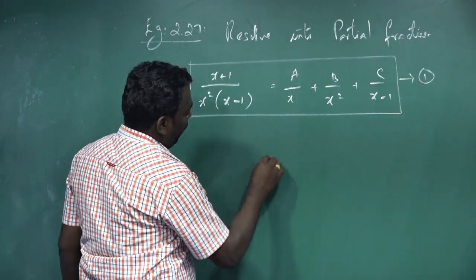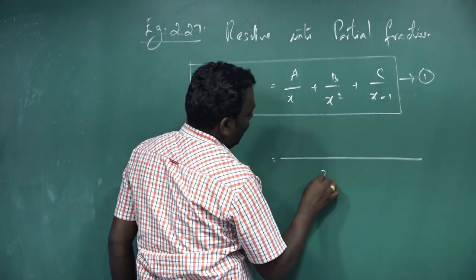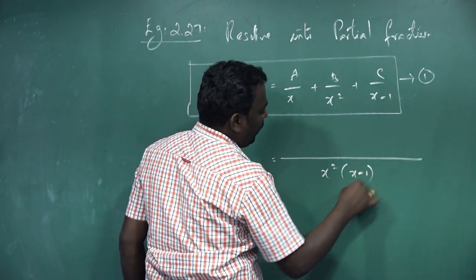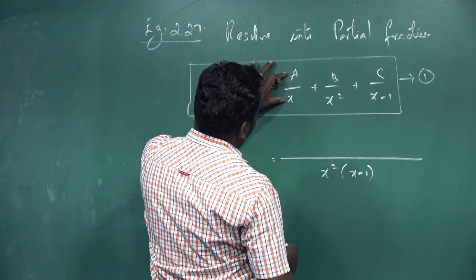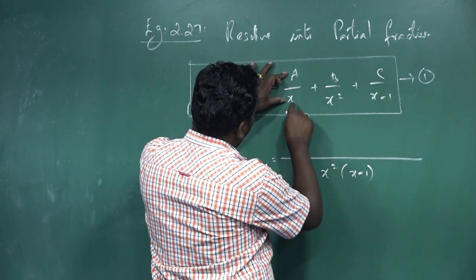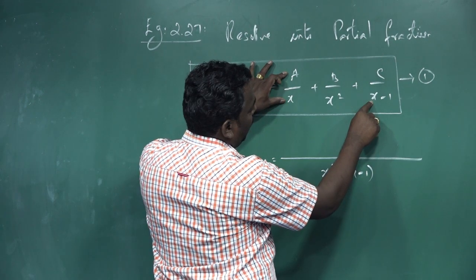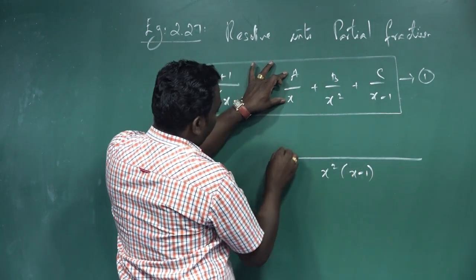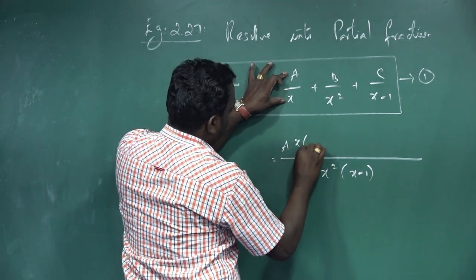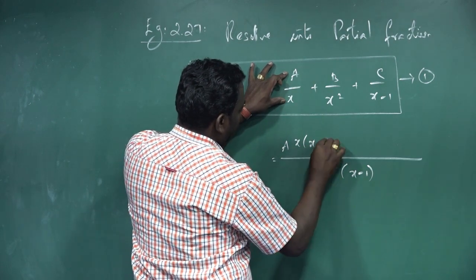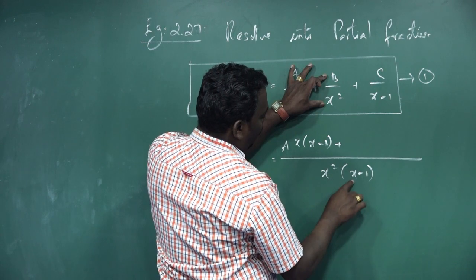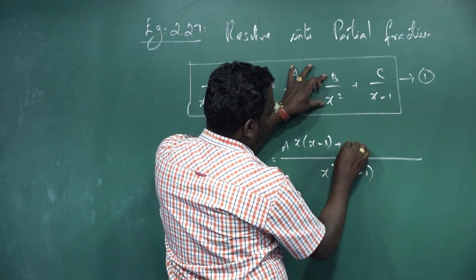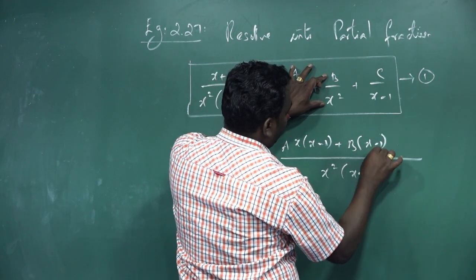Now we can take the common denominator as usual, x square into x minus 1 is the common denominator. For the first denominator, we have only the x term, we need one more x and also the x minus 1 factor. Therefore we multiply a with x into x minus 1. Plus, the x square term, we want to multiply b with x minus 1, therefore b into x minus 1.